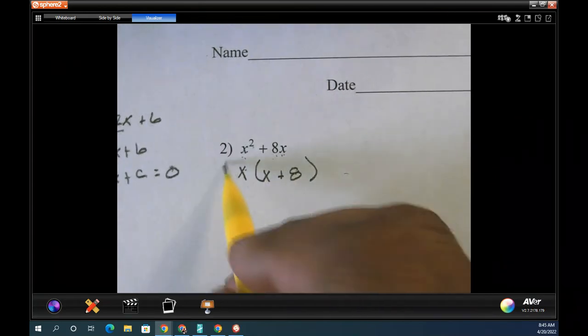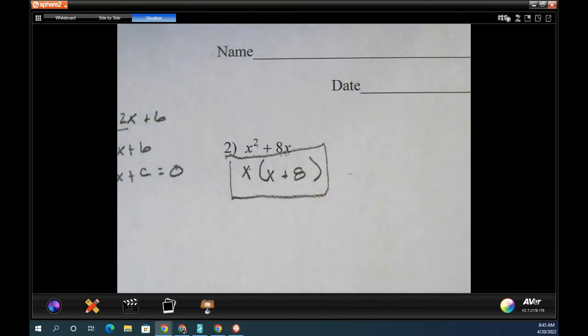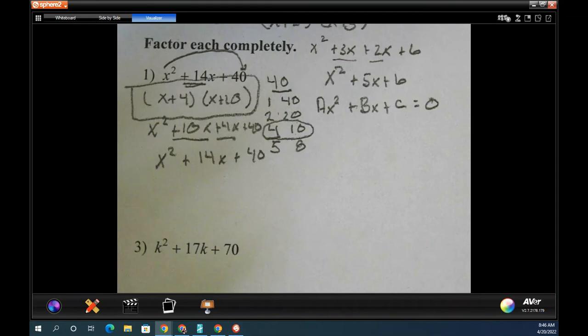There's your answer right there. X times x plus 8. When we were distributing monomials, this is what factoring is like. Factoring and multiplying binomials, I compare them to multiplication and division. They're both opposites.